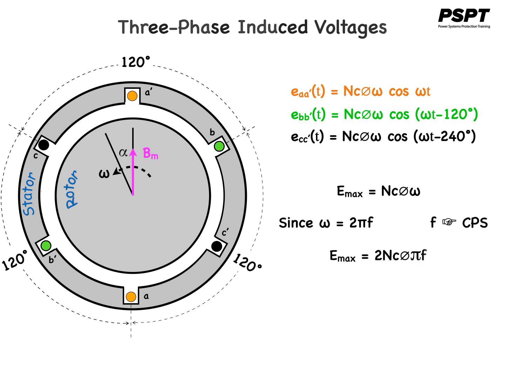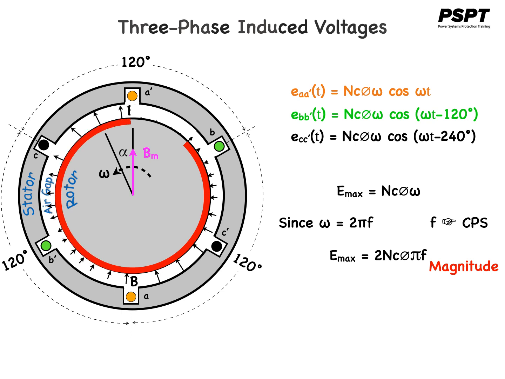Since omega is equal to 2 pi f, this equation can also be written as the magnitude E max is equal to 2 pi NC phi f, where f is the frequency at which the magnetic field is passing the coils in the circuit in cycles per second.